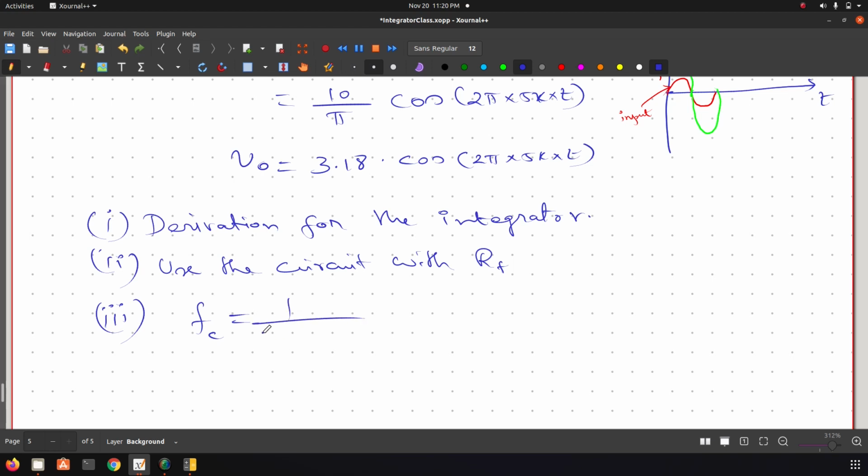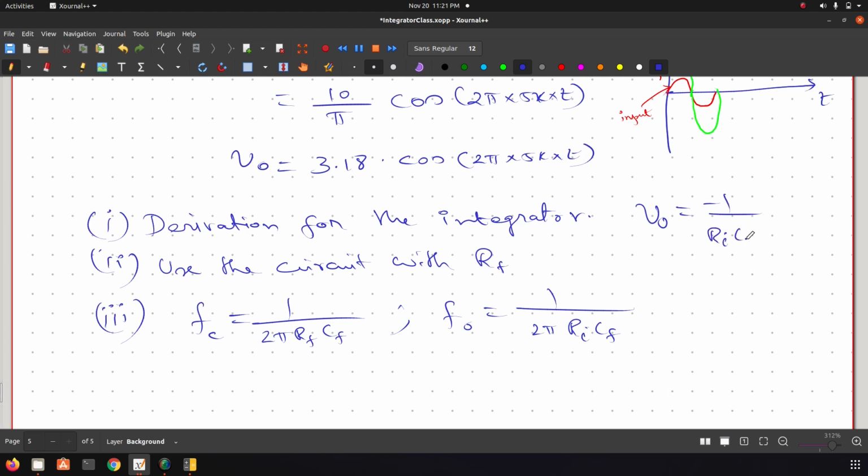It is 1 by 2 pi RF CF, whereas the high cutoff frequency is 1 by 2 pi RI CF, right? From the derivation of the integrator, we know the output voltage is minus 1 by RI CF times the integral of V in dt.